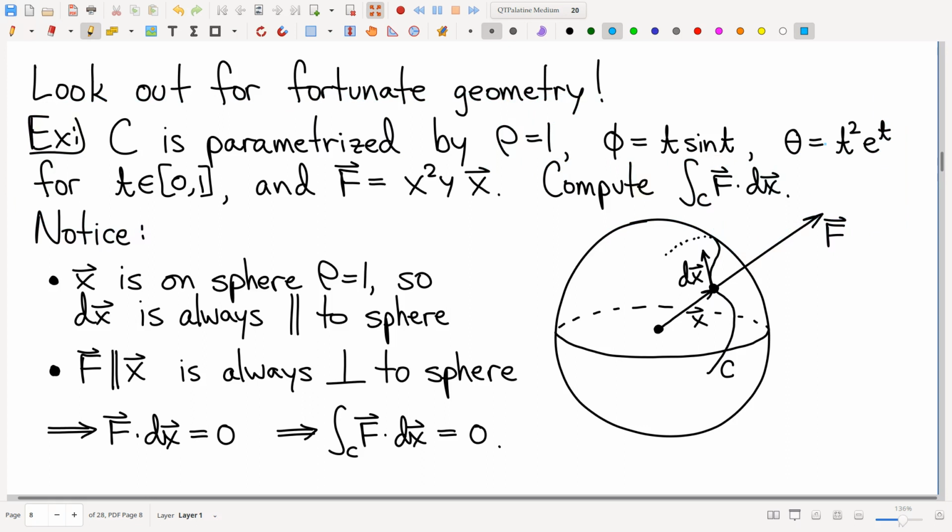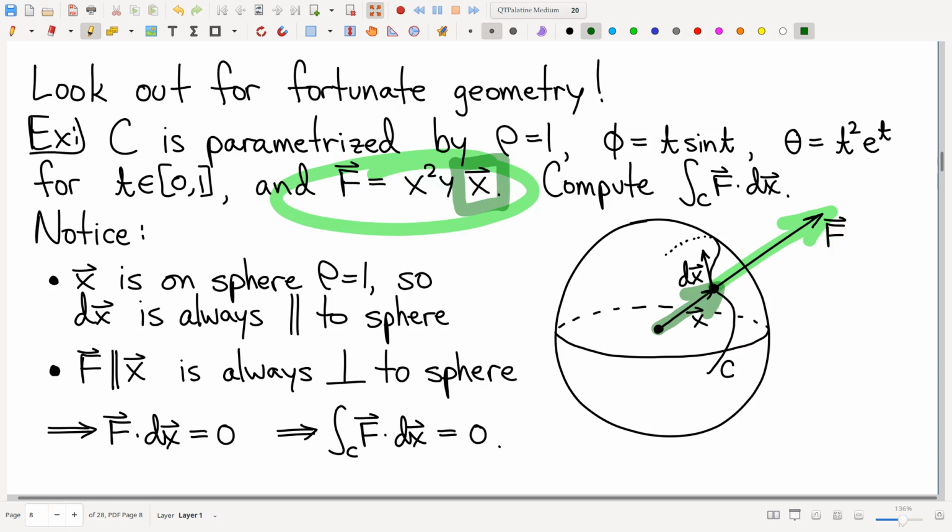Okay, and then let's suppose that this is our vector field, and how do we compute this line integral? So the big observation to make is that our vector field right here is a scalar multiple of the position vector. That scalar factor that I'm multiplying it by, x squared y, is not a constant, right?